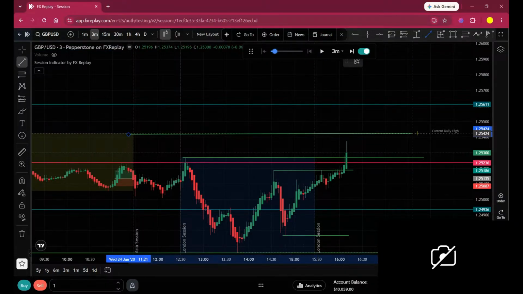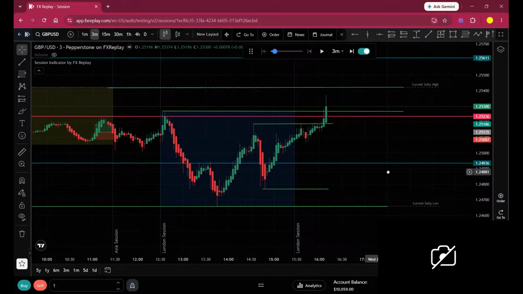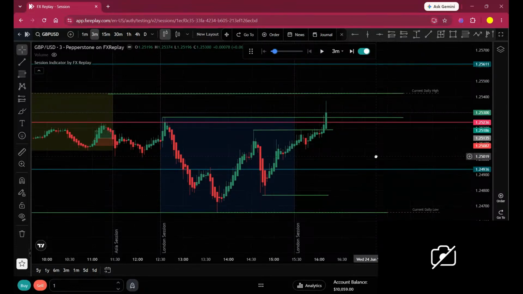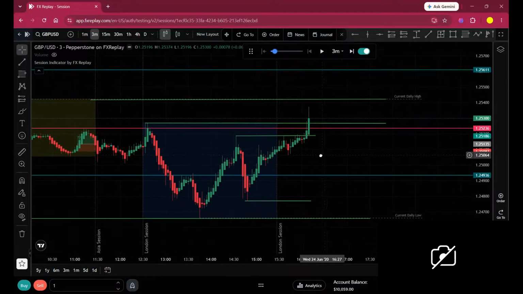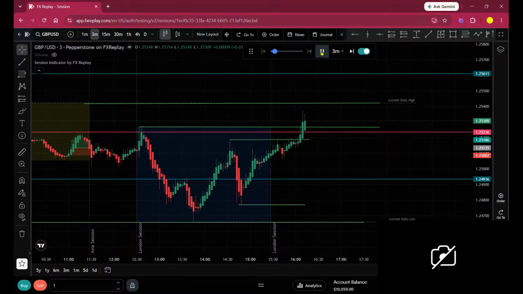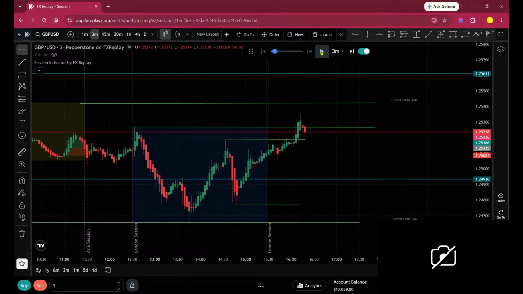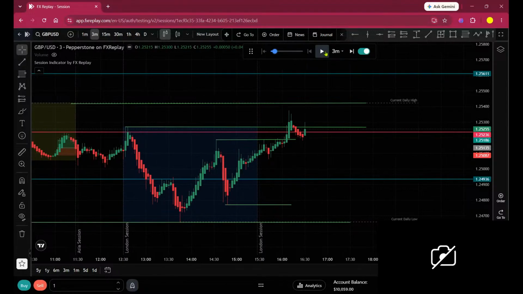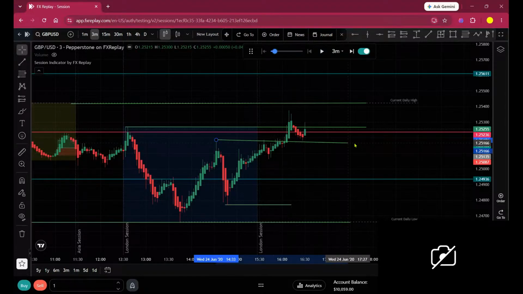But here, if you see, I will take a trade only if London has swept one liquidity, either below or the high of London, then only I will go against that. Okay, now let's see. So it has swept the high, then market is kind of retesting here.